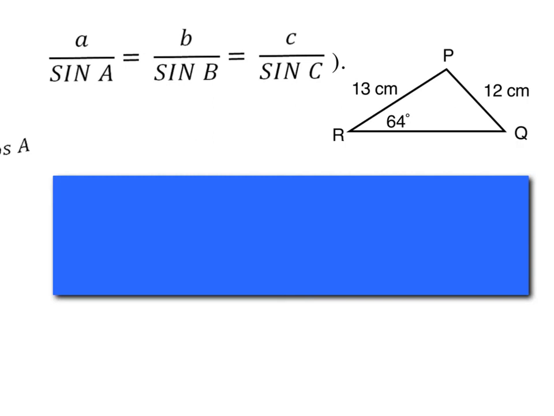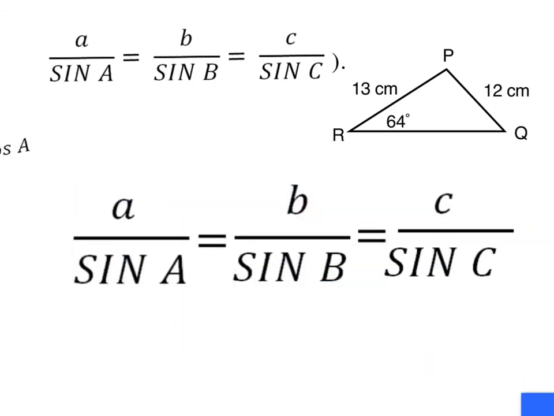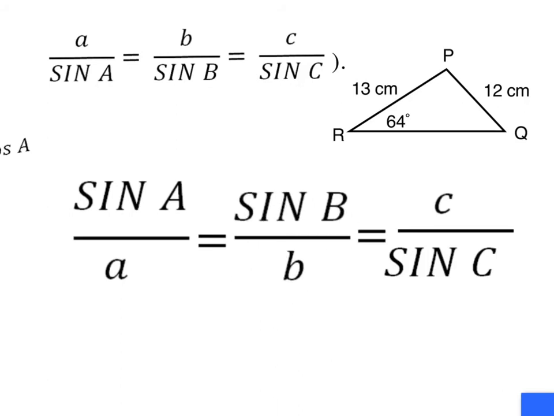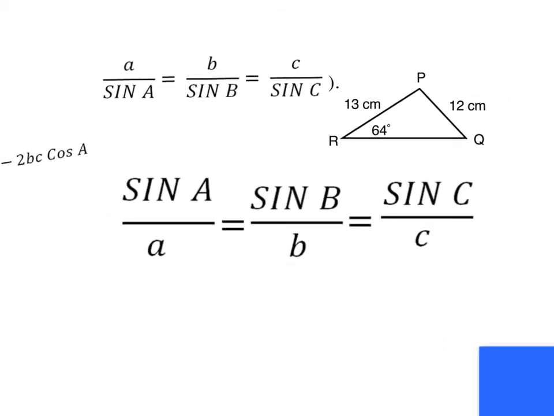But before we use it, just like the cosine rule from before, we need to rearrange it. At the moment, it's organized to find a missing side. And to rearrange this, it's much easier than the cosine rule. We just flip. So, it is now in the correct format for me to find a missing angle.